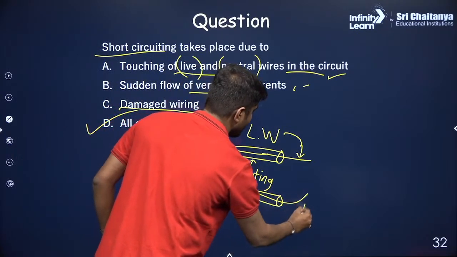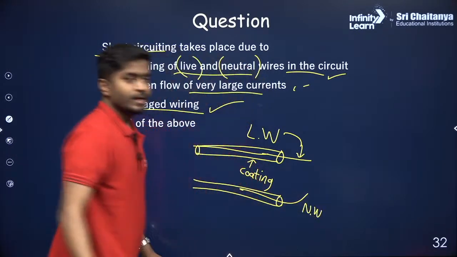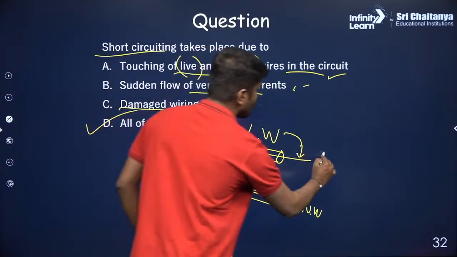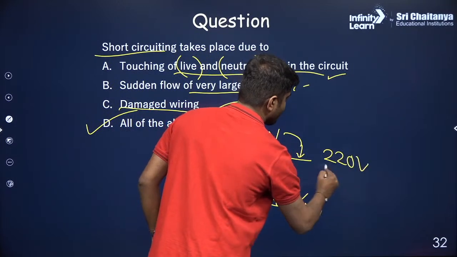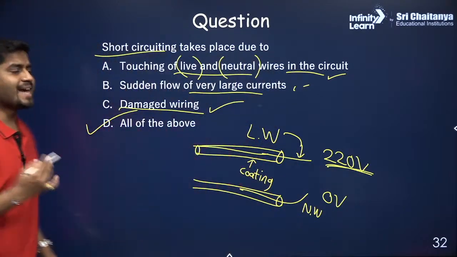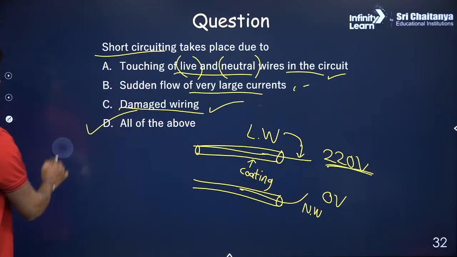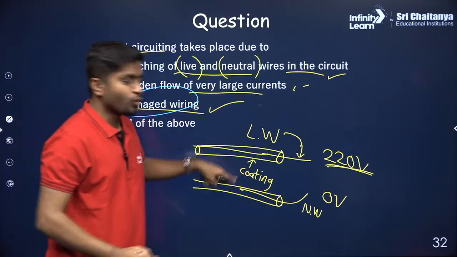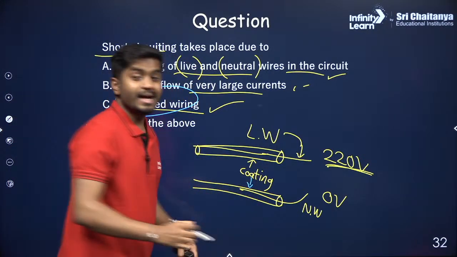This live wire is always at 220 volts. This neutral wire is always at 0 volt. So by chance, let's suppose there is a damaged wiring, that means this insulation or coating is removed.